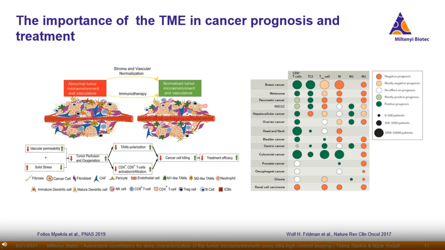So the presence of CD8 T cells, TLS, as well as M1 macrophages in the TME is a good sign and indicates positive prognosis. However, the detection of M2 macrophages, CD68 macrophages, as well as Tregs is in most cases associated with negative prognosis.